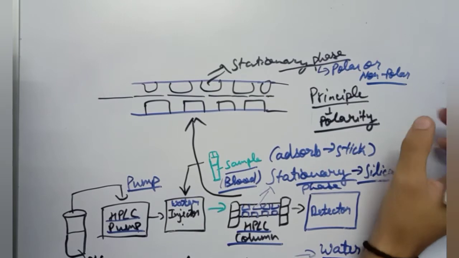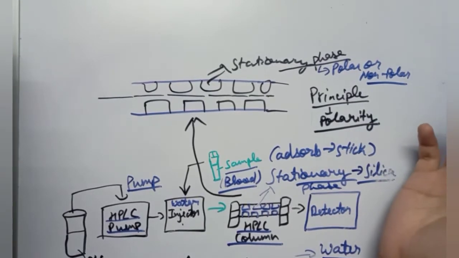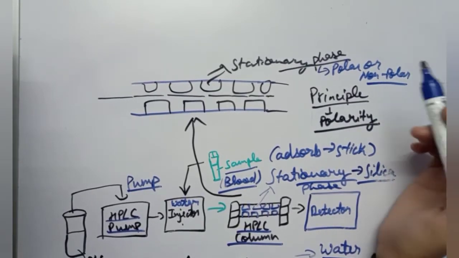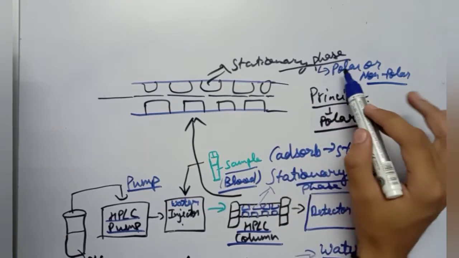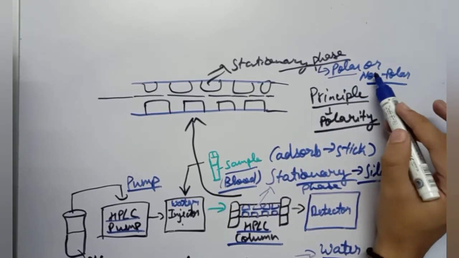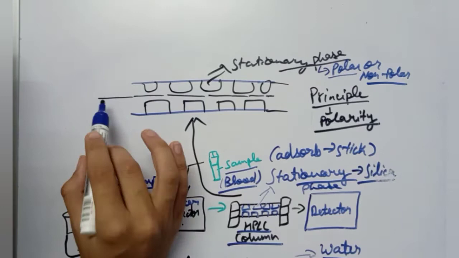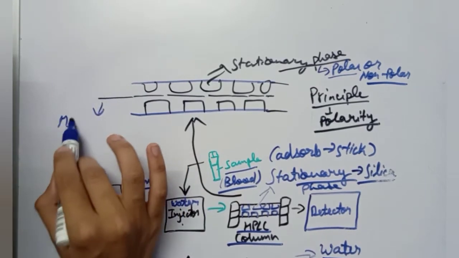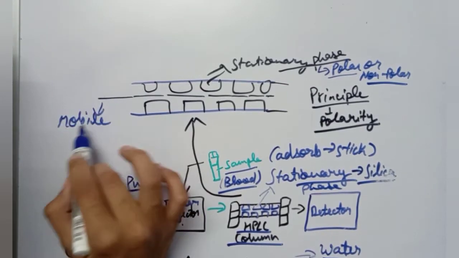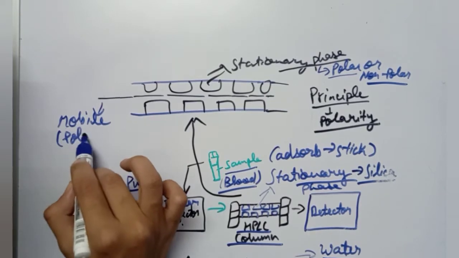If it is based on polarity, then obviously we have only two choices, polar or non-polar. And also the mobile phase can be taken as only polar or non-polar.